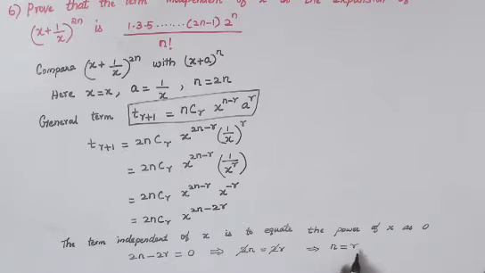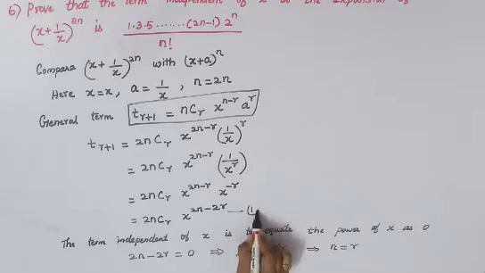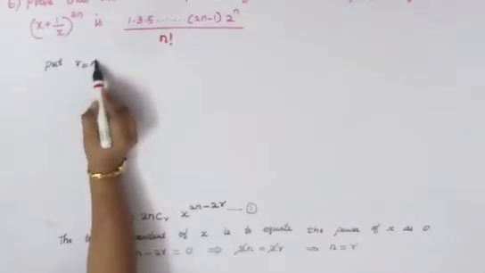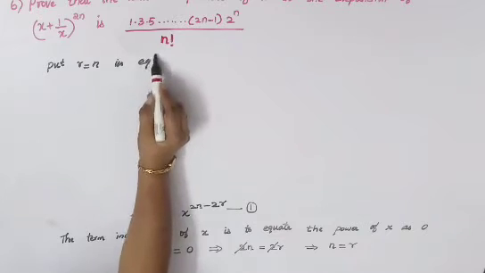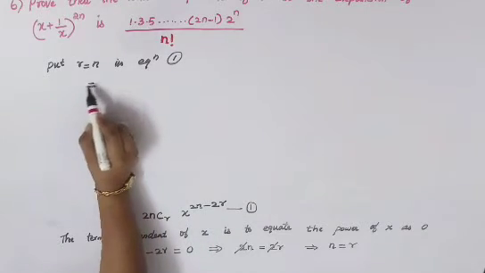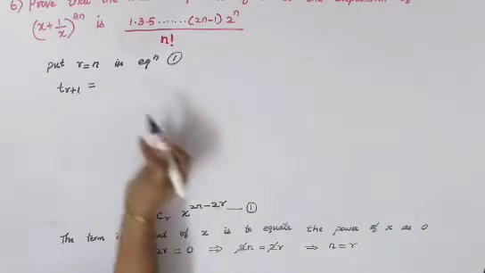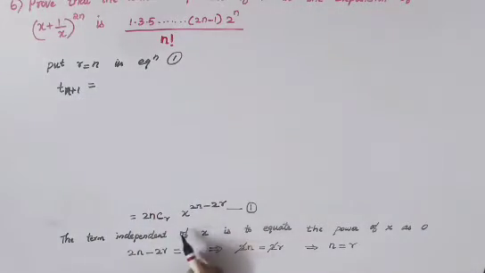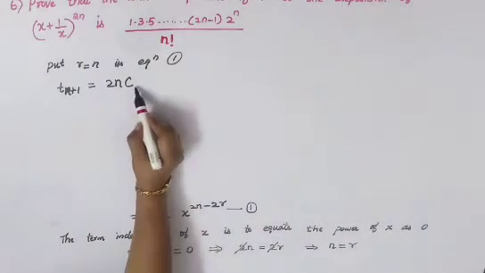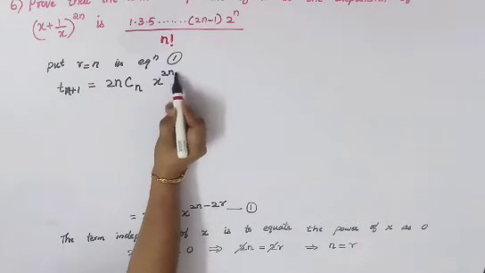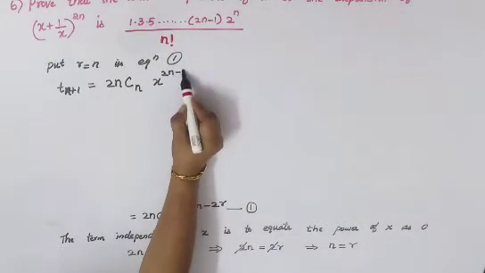Now substitute this n is equal to r. I just mark this as equation 1. Put r is equal to n in equation 1. So wherever r is there, substitute n. We'll get T(r+1) is equal to, in the place of r we can write n, so T(n+1) is equal to 2nC, again r is there, so substitute n, x power 2n minus, here 2r means it will become 2n.